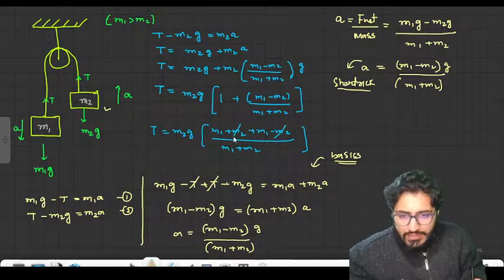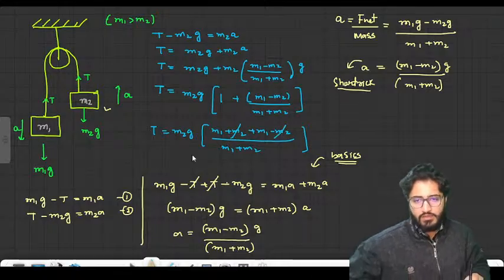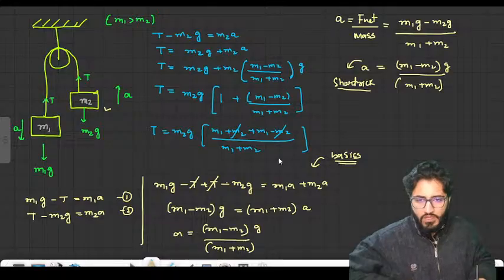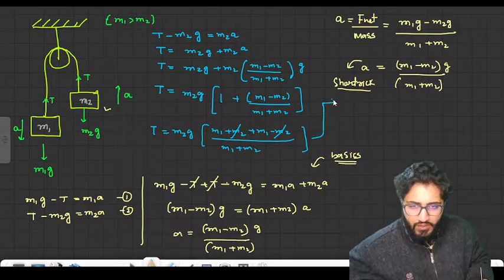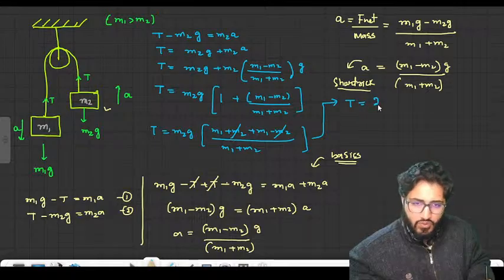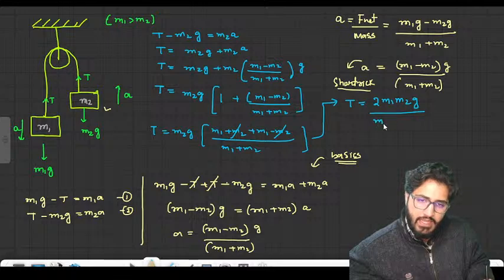M2 and m2 cancel out. Done. So T came out to be 2 m1 m2 into g divided by (m1 plus m2). This is my tension.